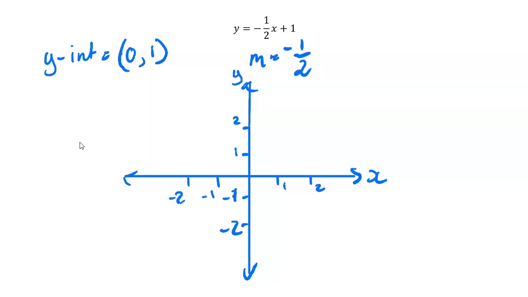Okay, so I start off at my y-intercept, which is 0, 1, and then I have to go 1 down across 2. So the negative is in the rise, okay?